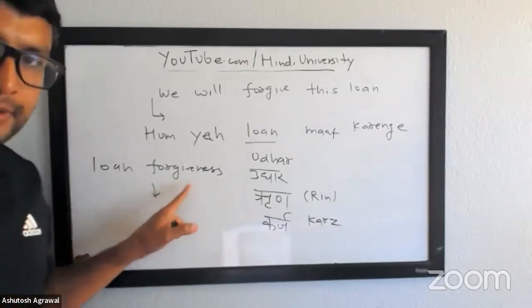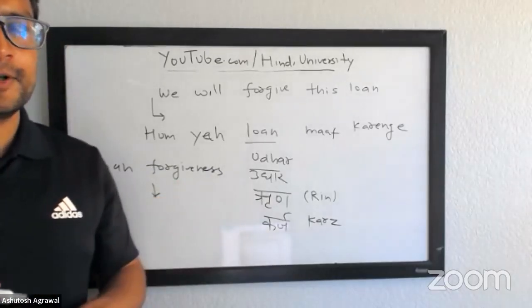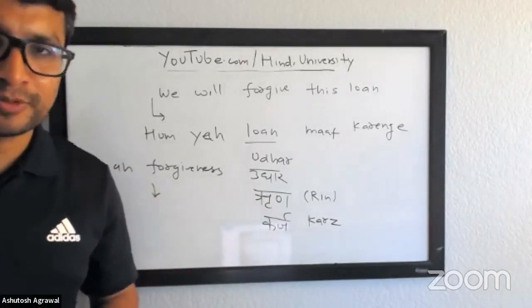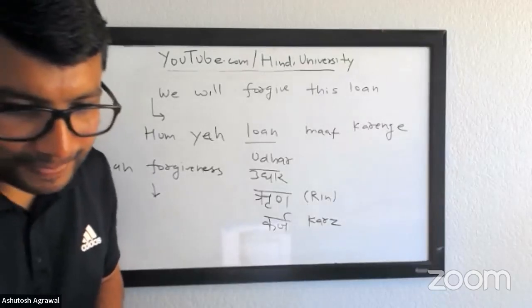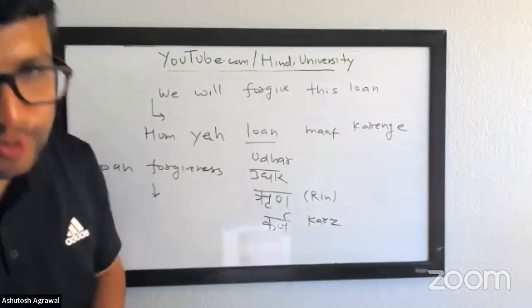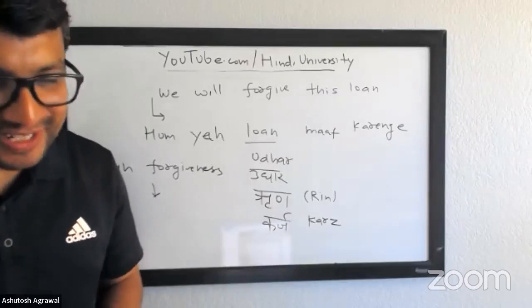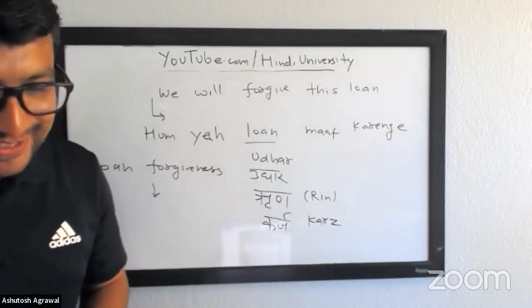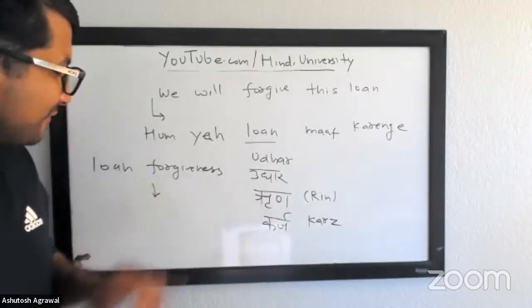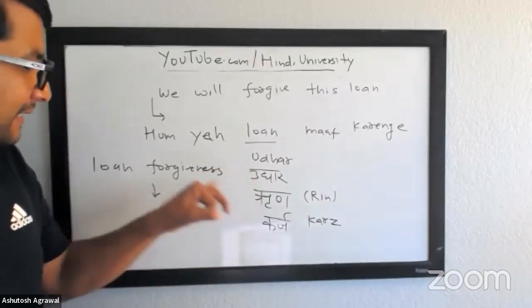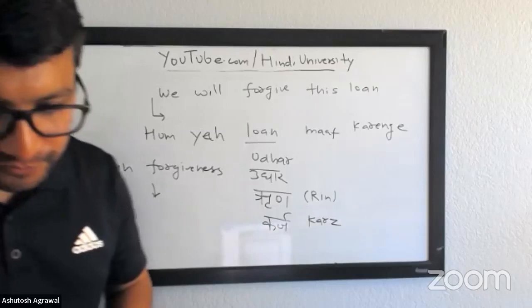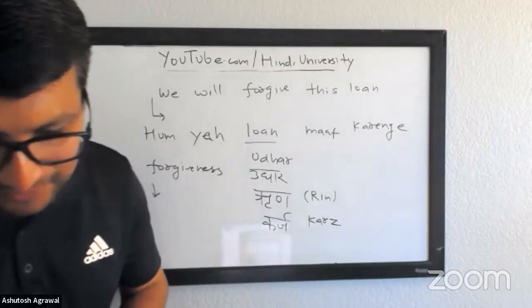Forgiveness, as you learned, is a noun, right? How will you say that? Don't say it loud, write it down in chat so that everyone gets a chance. Loan forgiveness. You can use any of these terms, and then the word for forgiveness. Keep going, everyone.